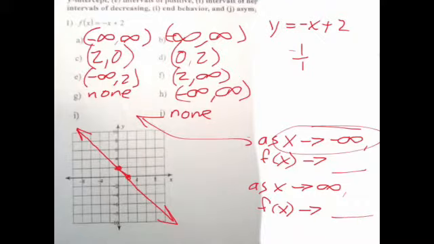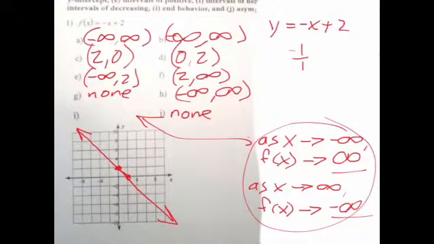Well, as we go left forever, my function keeps going up forever, and so that's to positive infinity. And as you travel right, your function is going down everywhere, and so your function approaches negative infinity. And that one's done.